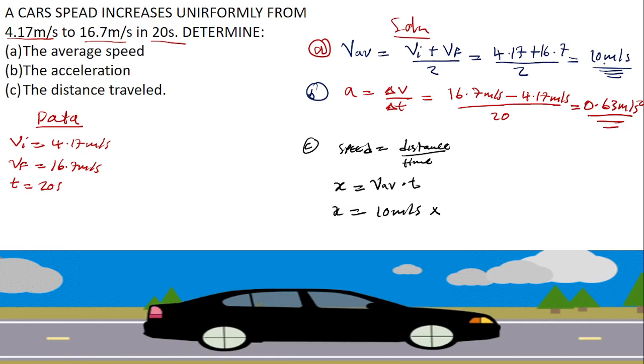But if you check your calculator, when we don't round off, the average velocity you are going to find is 10.4 meters per second. This is the average velocity times the 20 seconds, and this will give you a different value, which is 208 meters.